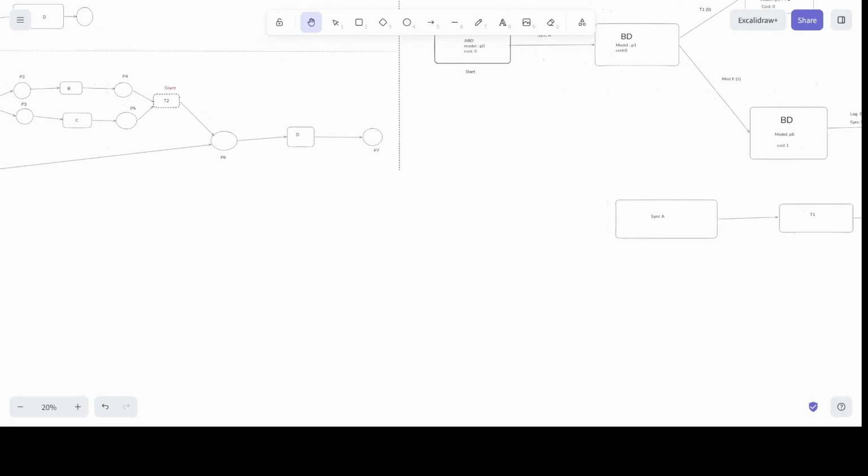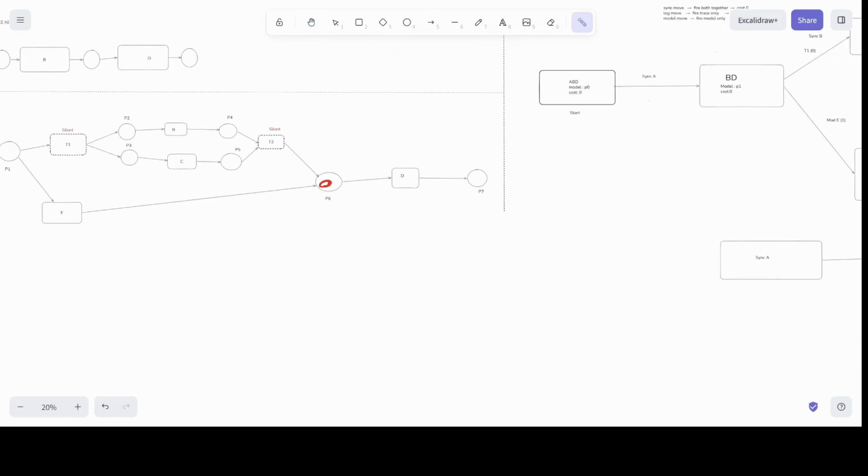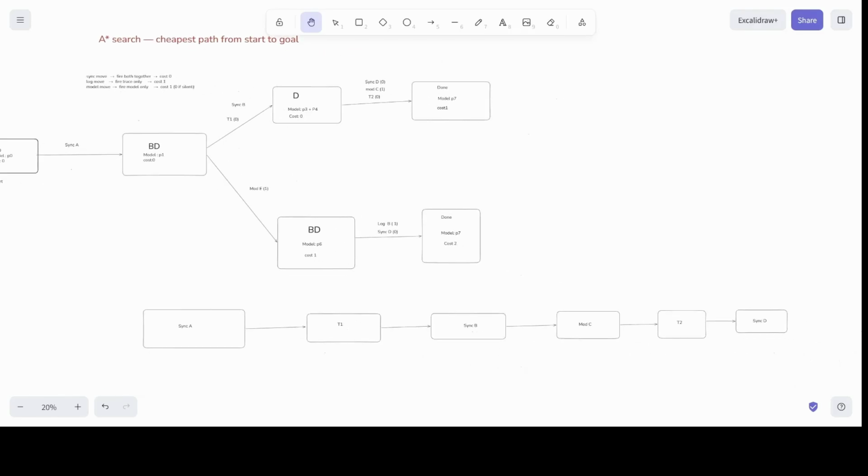From this position, what happens? We don't have a choice. We need to finish what we started. We need to find a way to take B from our trace, because we have a token here. We don't have a way to consume B in any other way. So a log move will cost us 1. We are forced to do it. So this is log B1, and that costs 1.